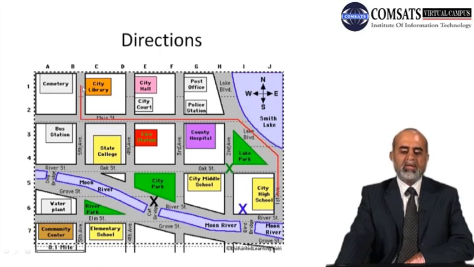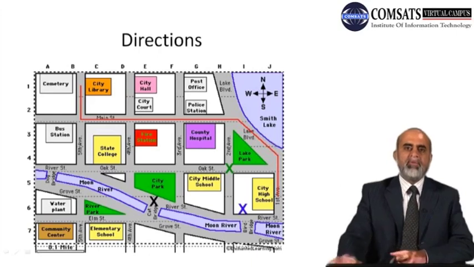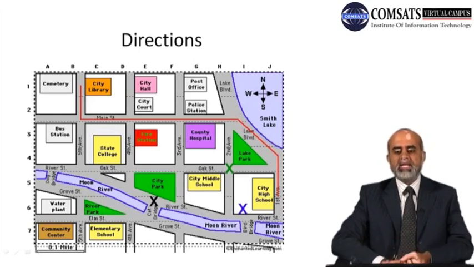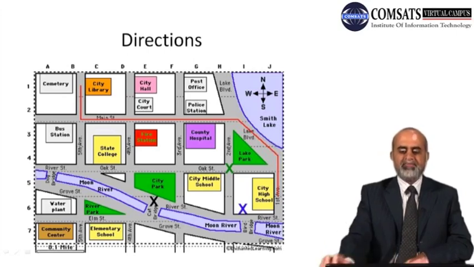Then turn right and you will find the city library on your right opposite the cemetery. So there is no hard and fast rule, and in fact you don't need to copy what I just said. In fact, you can be very creative and you can use various expressions for directions here.